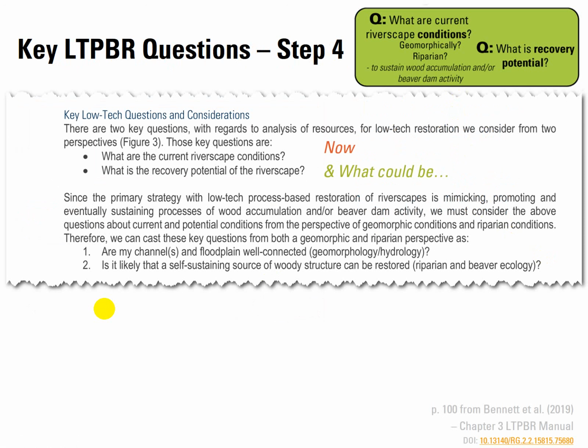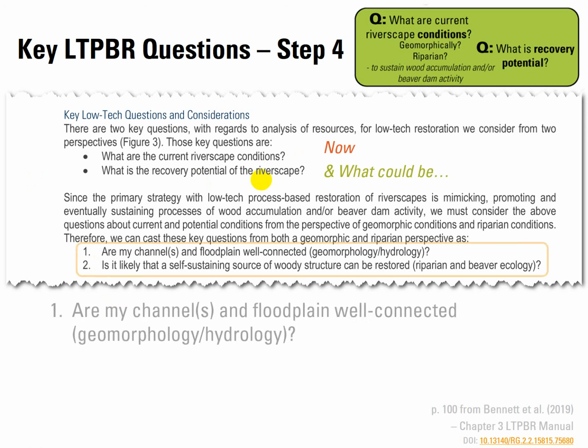There are two key questions up top here that we need to consider from two perspectives. Those are: what are the current riverscape conditions, and what's the recovery potential, now and what it could be? And then we want to visit those questions from a hydrogeomorphic perspective: is my channel and floodplain well connected?